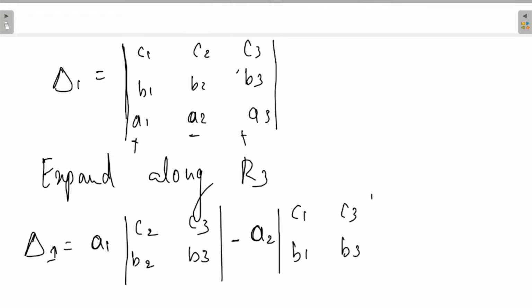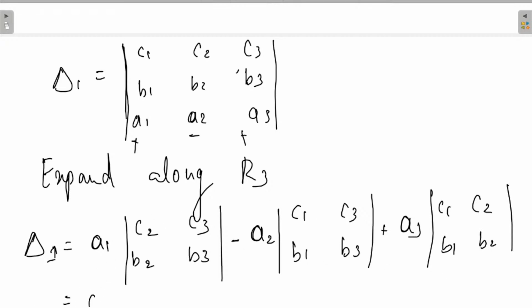Next, plus A3: here we delete R3 and C3, so what remains is C1, C2, B1, B2. So we delete and get this answer. Now you should do the expansion. Now 2 cross 2 is very easy.